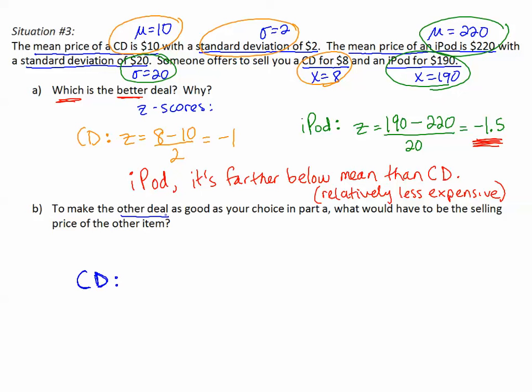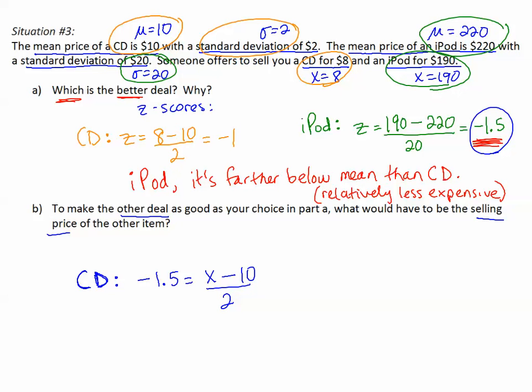B, to make the other deal as good as your choice in Part A, what would have to be the selling price of the other item? So we want the CD to have the same z-score as the iPod. So let's make the z-score negative 1.5, the data point unknown, but we're still using the same mean and the same standard deviation that we're given.